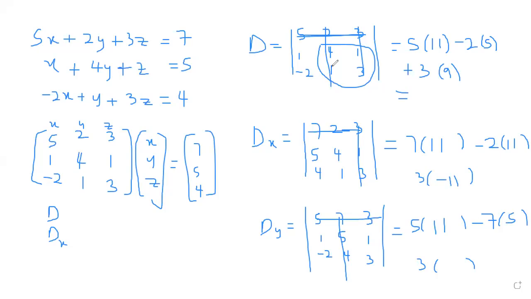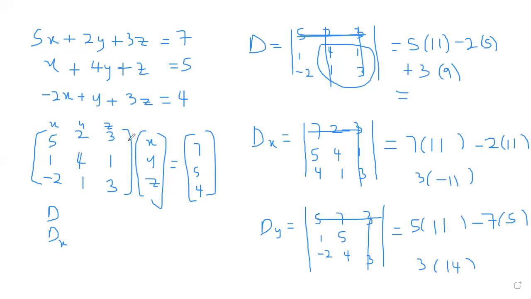Then finally, when we pick 3, we have 1 times 4, which is 4, then minus negative 10, which is 4 plus 10, which is 14. Then we are not done.